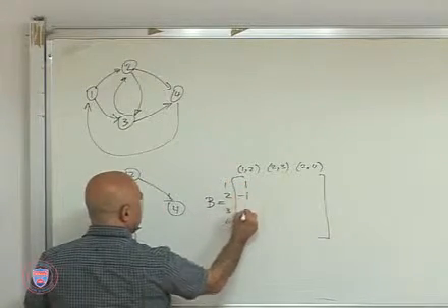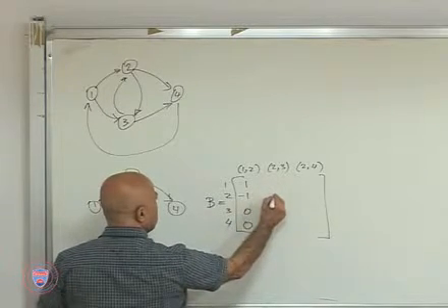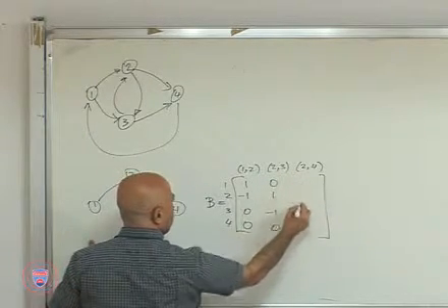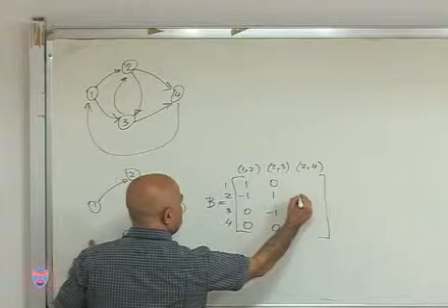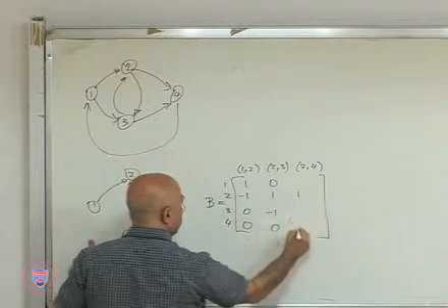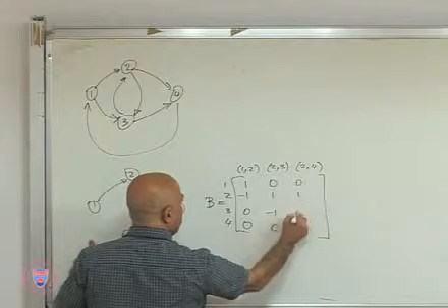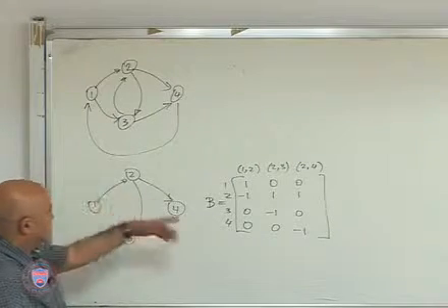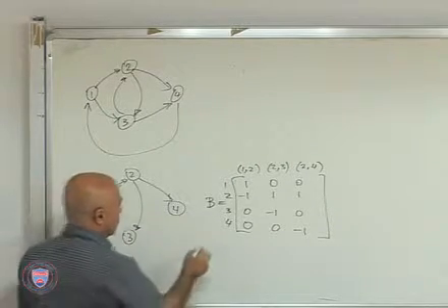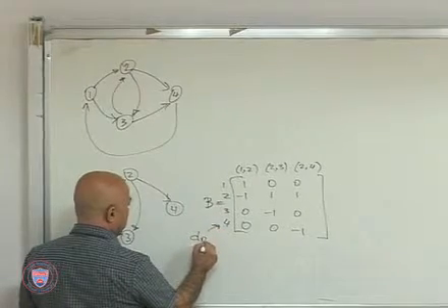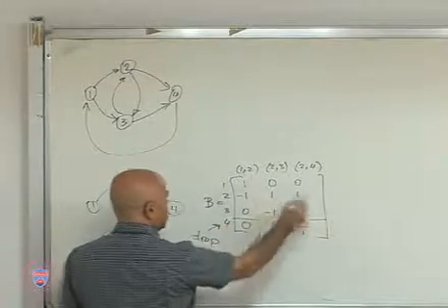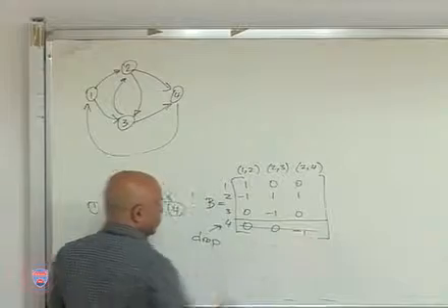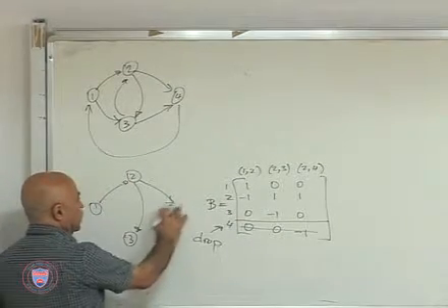1, minus 1. 2, 3 has 1, minus 1. 2, 4 has 1, minus 1. That's your matrix. So suppose you drop this row. When you drop it, you've got the upper portion of the matrix. Which means you're dropping a node here.